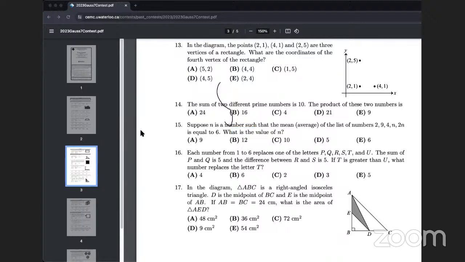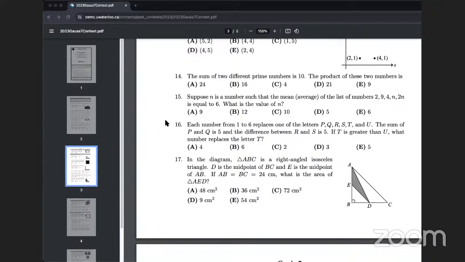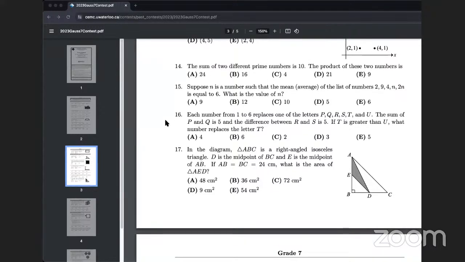Okay, question 14. The sum of two different prime numbers is 10. The product of these two numbers is... okay, let's do the process of elimination. We already know 16's out, because 8 times 2, 2 is a prime number, but 8 isn't.